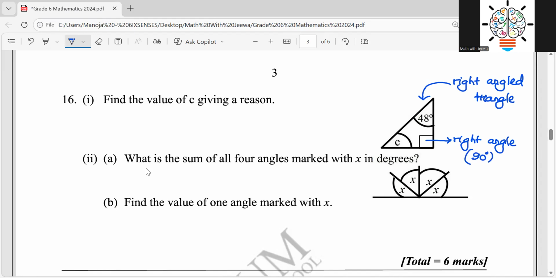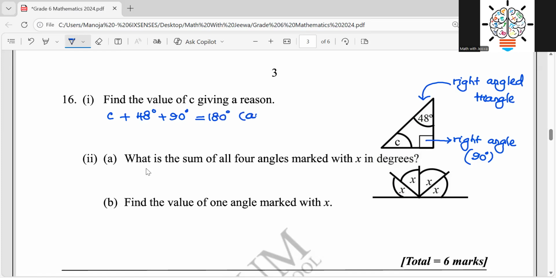And whether it is a right-angled triangle or an acute triangle or whatever it is, we know that in any triangle the angles add up to 180. I want to find the angle C. So then I write C plus 48 degrees and 90 degrees add up to 180 degrees.